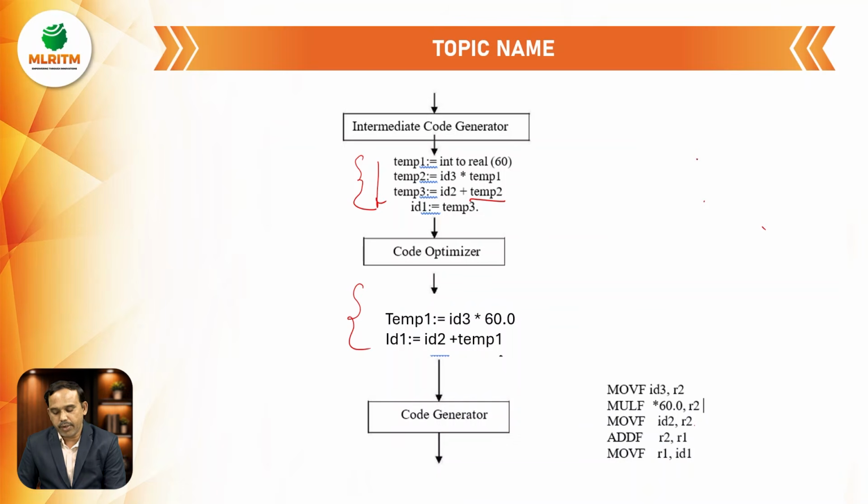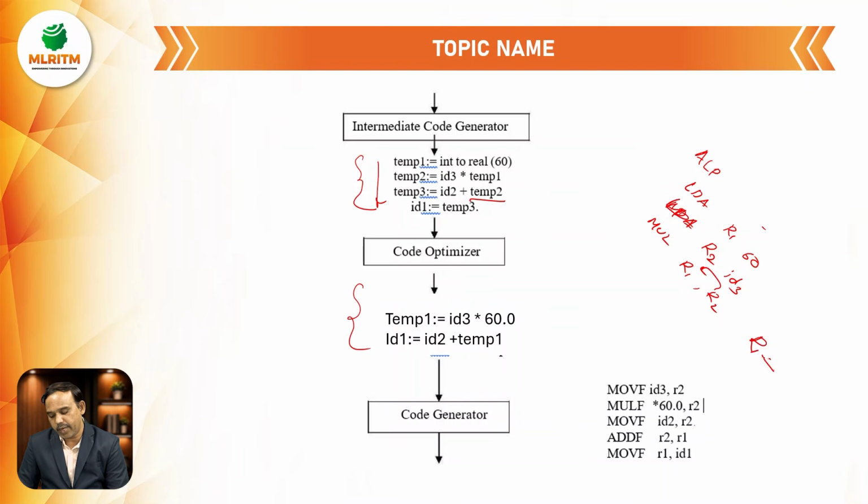Otherwise, we can write the assembly level language ALP program like this: load 60 into the R1 register, and load ID3 into the R2 register, multiply R1 and R2 registers. The result is stored in the R1 register.